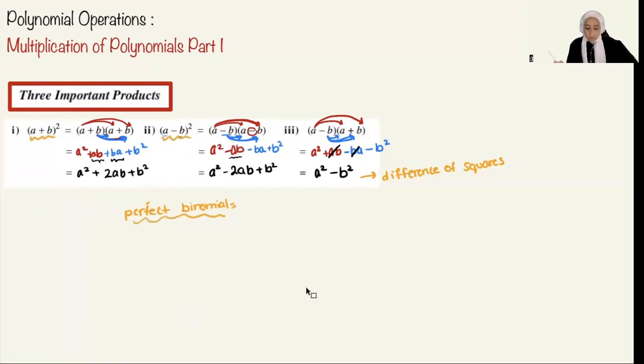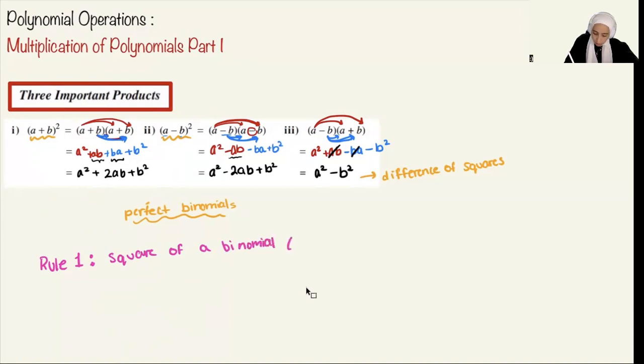All right, so what are the rules that we can pull out from here? Rule number 1 about these 3 important products is that when I'm talking about the square of a binomial, whether it's addition or subtraction, so a plus b squared, or when we did a minus b squared, what do we notice?